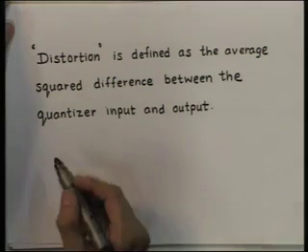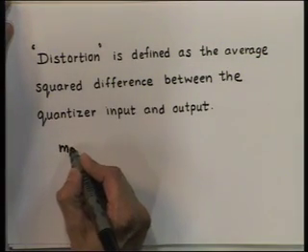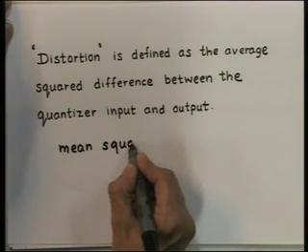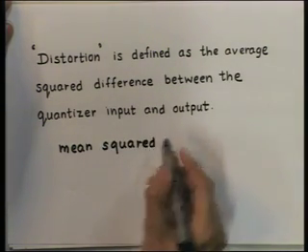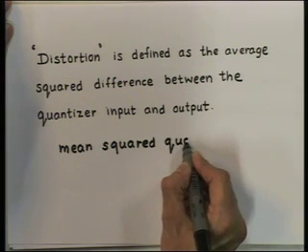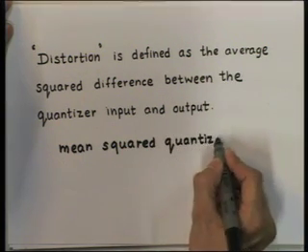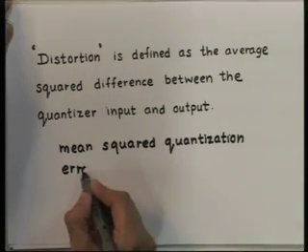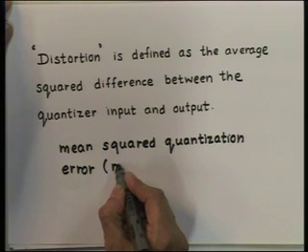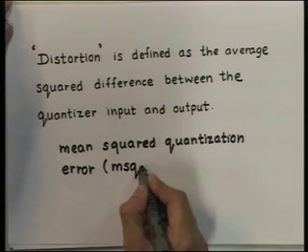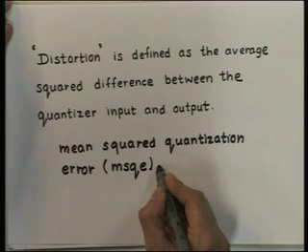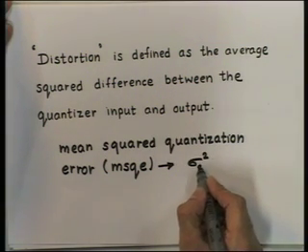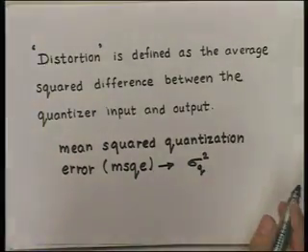We call this the mean squared quantization error, in short MSQE, and this is denoted by sigma squared q.